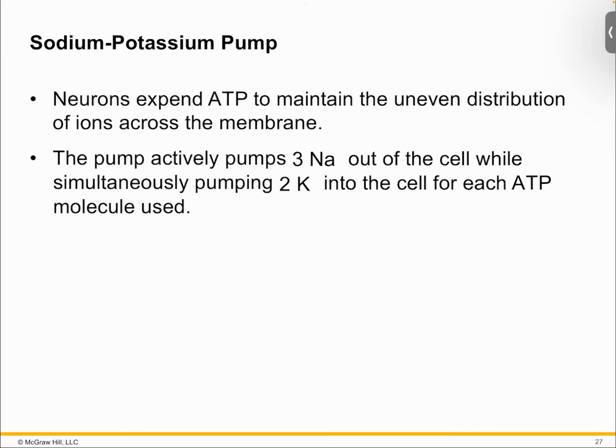We also know that the sodium potassium pump is driven by ATP and that it exchanges 3 sodiums for every 2 potassiums, which is the reason we get an accumulation of one positive charge for every pump on the outside versus the inside. That's why we have a relative positive charge on the outside and a relative negative charge on the inside to give us our membrane potential, right? So charge disparity separated by an insulator gives us our membrane potential.